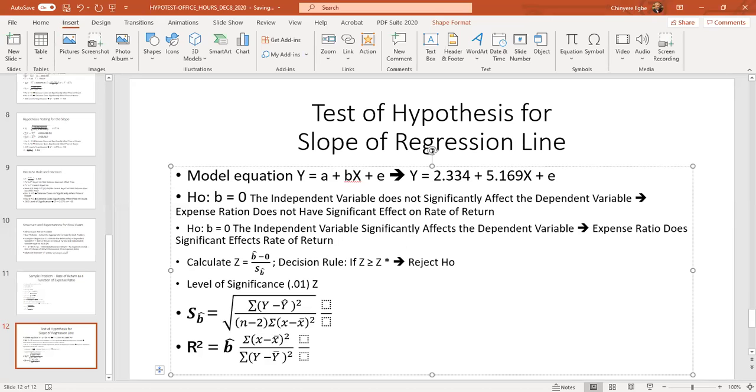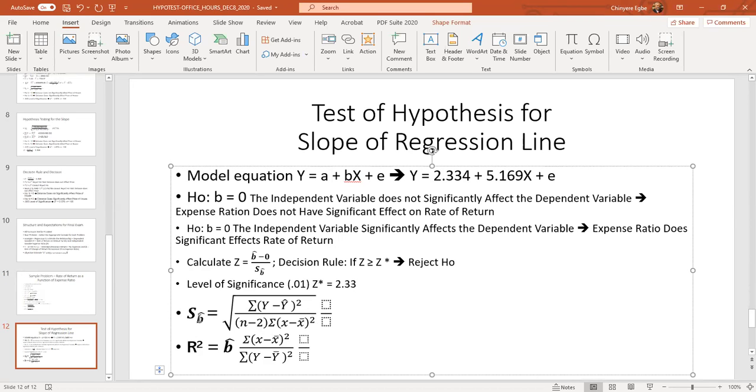So Z star will be equal to 2.33. I just chose a convenient number. And you calculate the standard error of B hat.